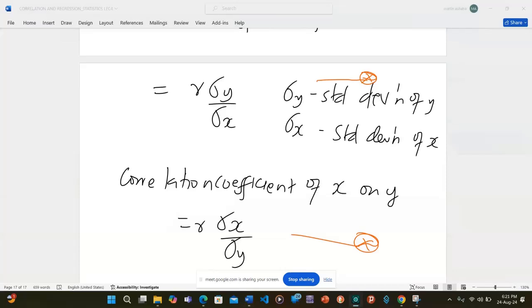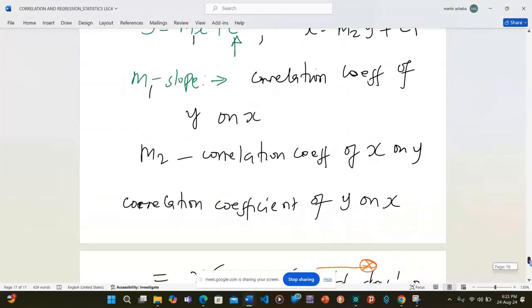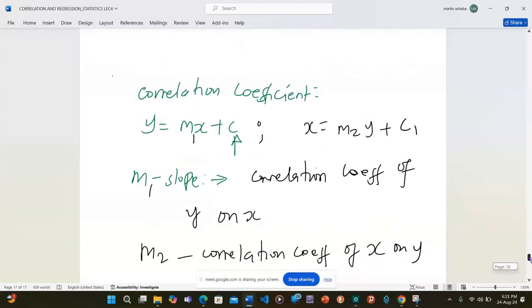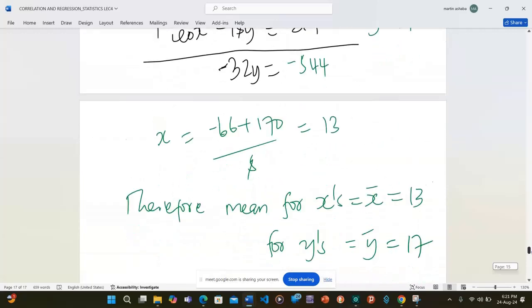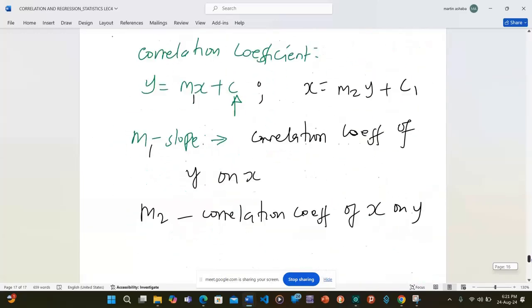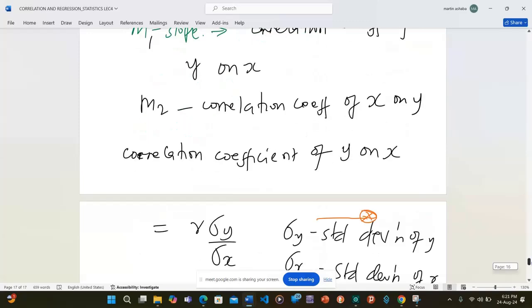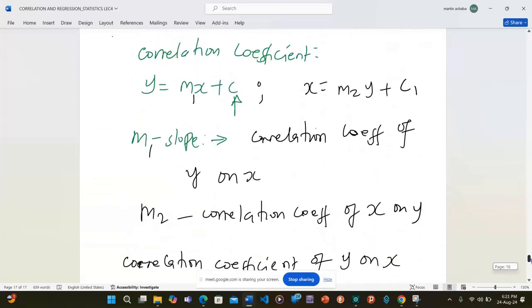So I repeat, to get the correlation coefficient of x on y, we said you have two equations. One expresses it in terms of x, another one expresses it in terms of y. Now look at their slopes. The one which is in terms of y, look at its slope. The one which is in terms of x, look at its slope.